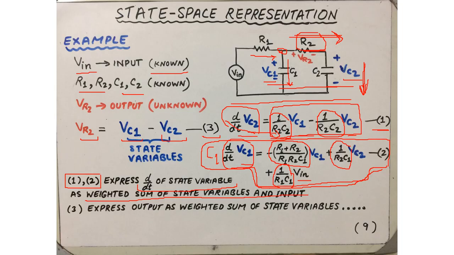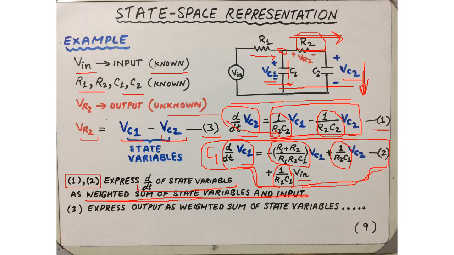So this is the rule that we are going to formalize in the next few slides, that the state space representation requires us to express the rate of change of state variables as the weighted sum of the state variables and the input.